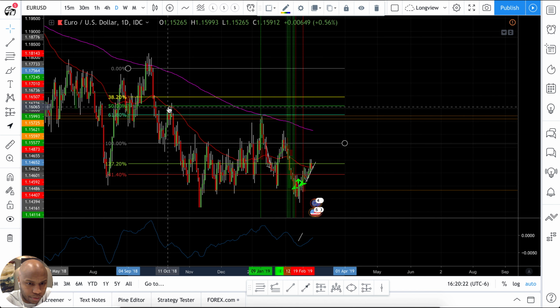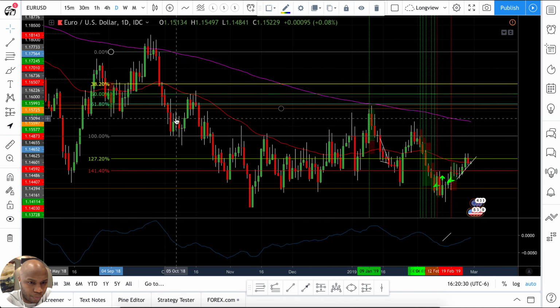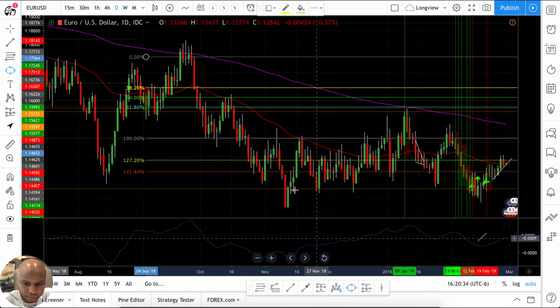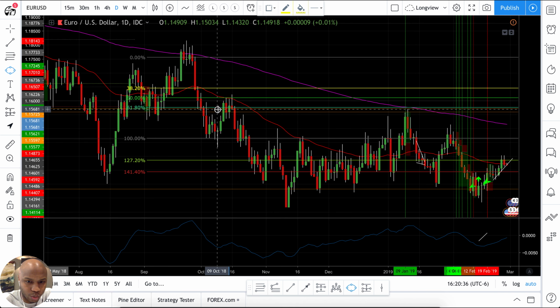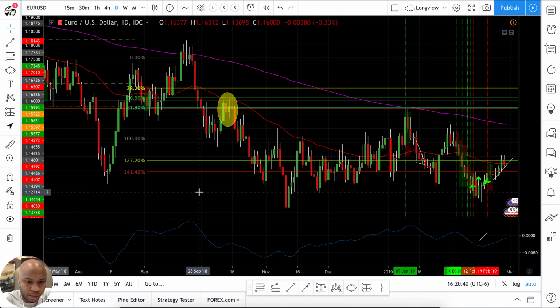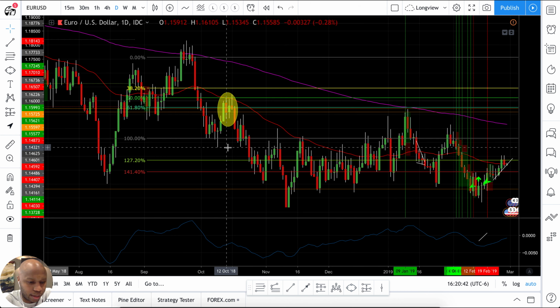And you notice how the 50% fib and the 50 EMA both caused this little handful of bars. They just went sideways. So right in here, it's like a, what do I call that?